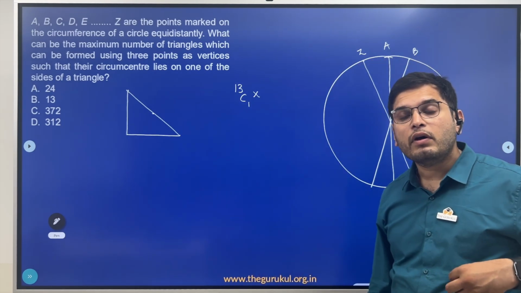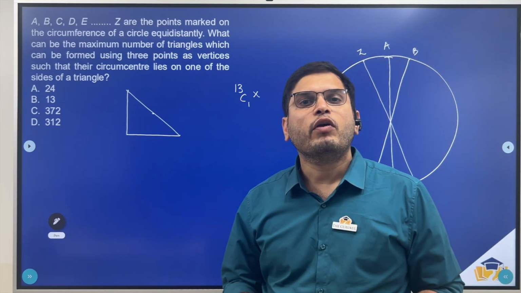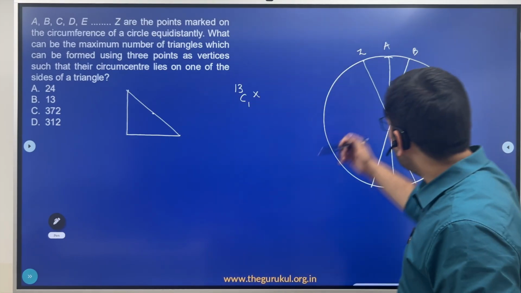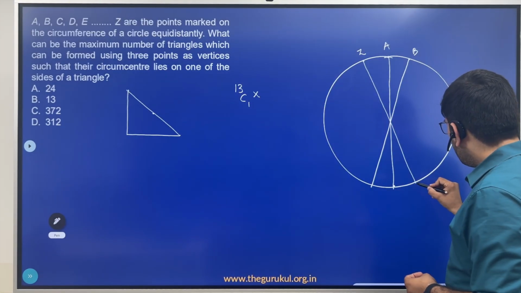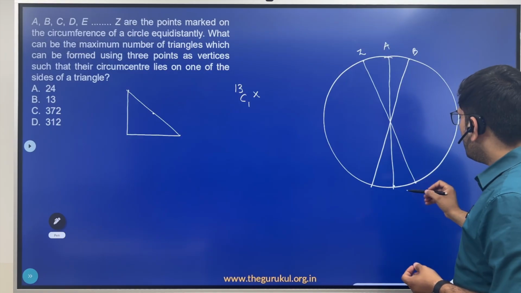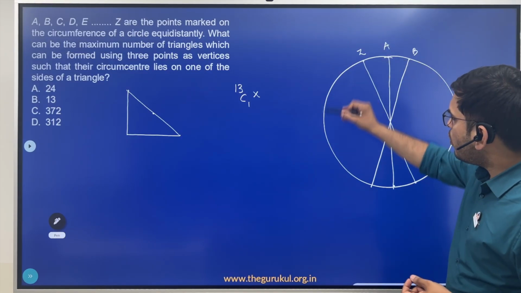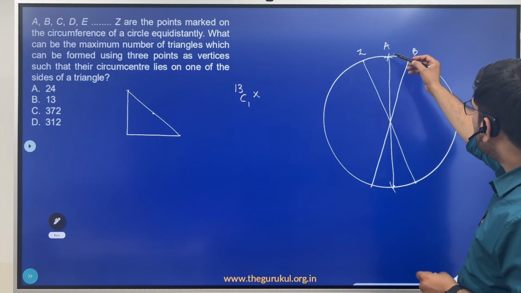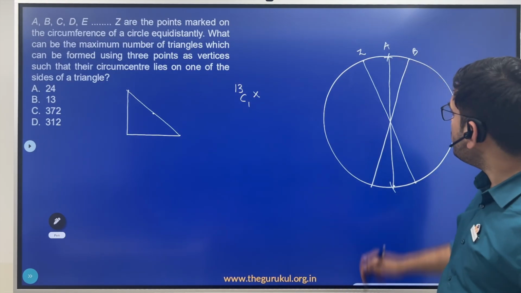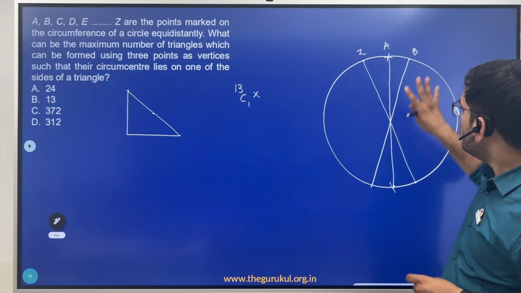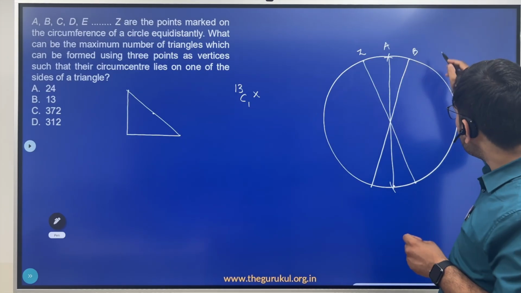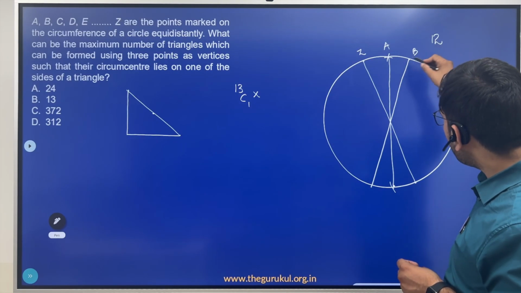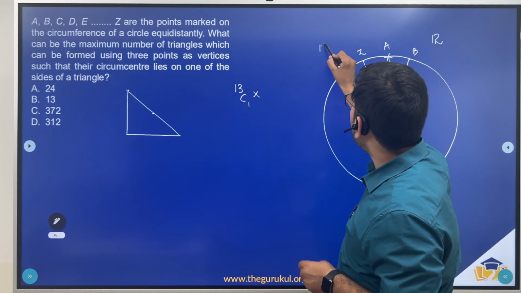Now we should be selecting the third vertex. Now where could the third vertex be? Third vertex can be on either this semicircle or this semicircle. Now how many points are there on this semicircle? Right. So total you have 26 points. We already have 2 points here. So there will be total of 24 points, 12 on each side. So you'll be having 12 points here and 12 points here.